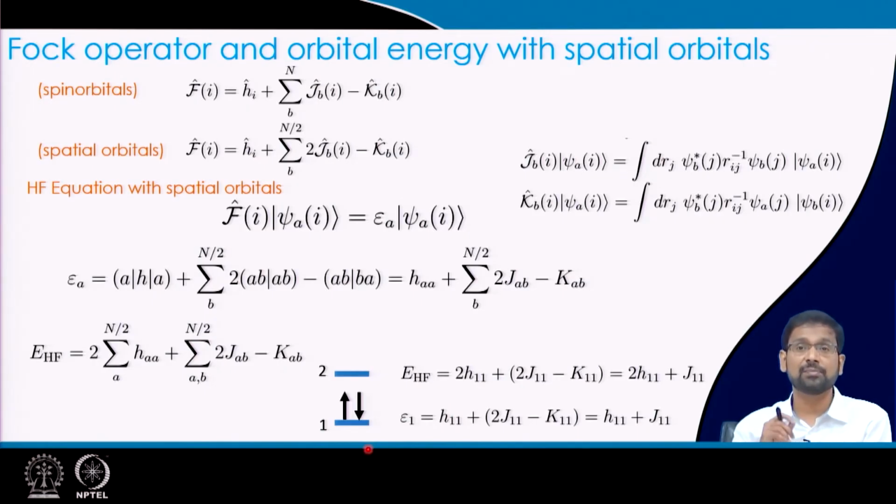Orbital energy is defined by looking at the energy that one electron in that orbital experiences while it is in that orbital. So in this way, when we write down a particular electron configuration, we can find out its orbital energy and its Hartree-Fock energy. Of course, we are expressing them in terms of some standard integrals H11 or J11. Their absolute values are something that we need to calculate. Most of the time we would do that using a computer, but we can interpret the result in this way.